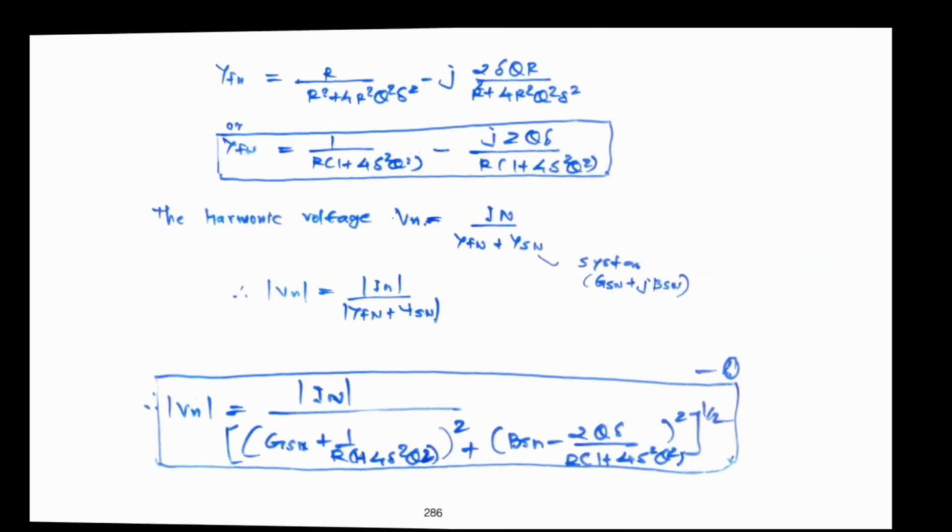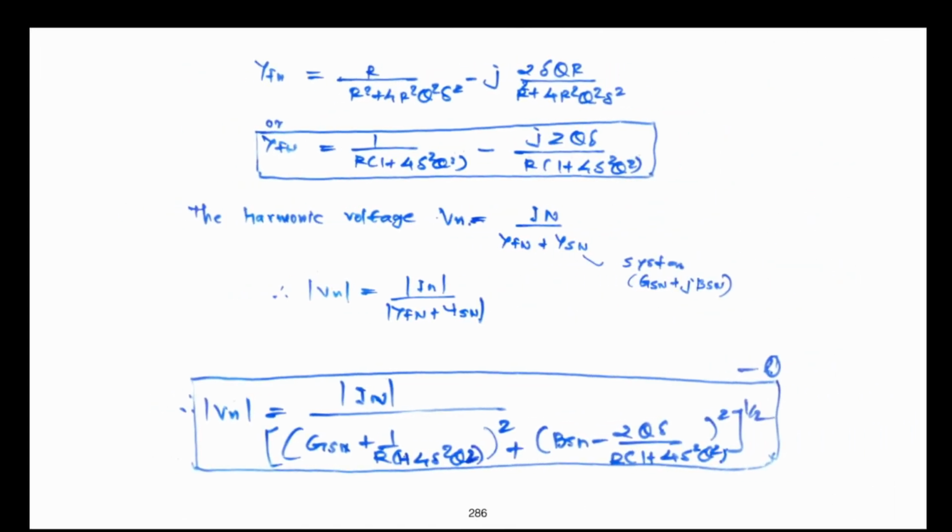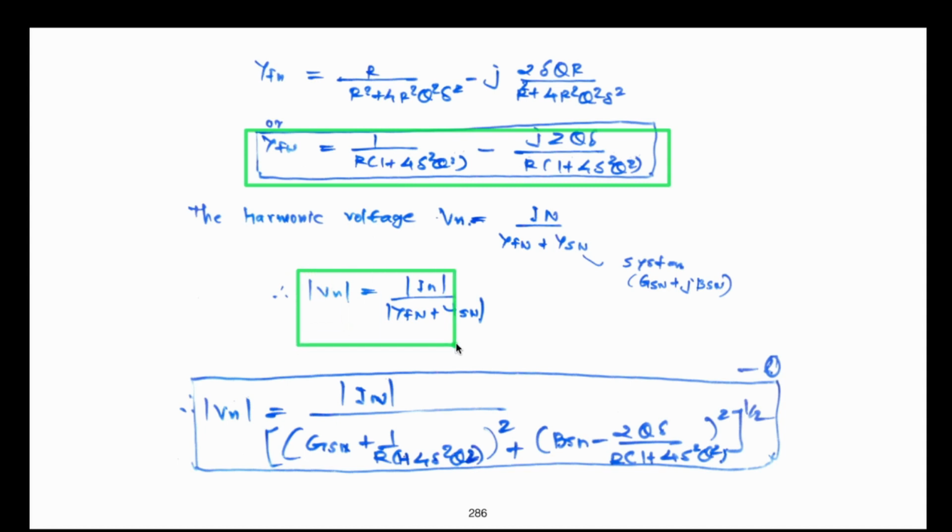Let us move ahead. After simplifying the equation for filter admittance, we arrive at such a term in terms of R, delta and Q. We can see that L and C are eliminated for simplicity in evaluation, but their impact is present in the form of Q factor. The harmonic voltage is then calculated as Vn is equal to In upon admittance.